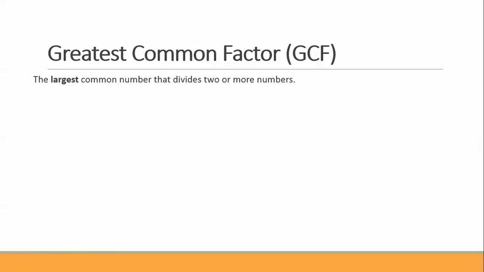Greatest common factor is the largest factor or number that divides two or more numbers.